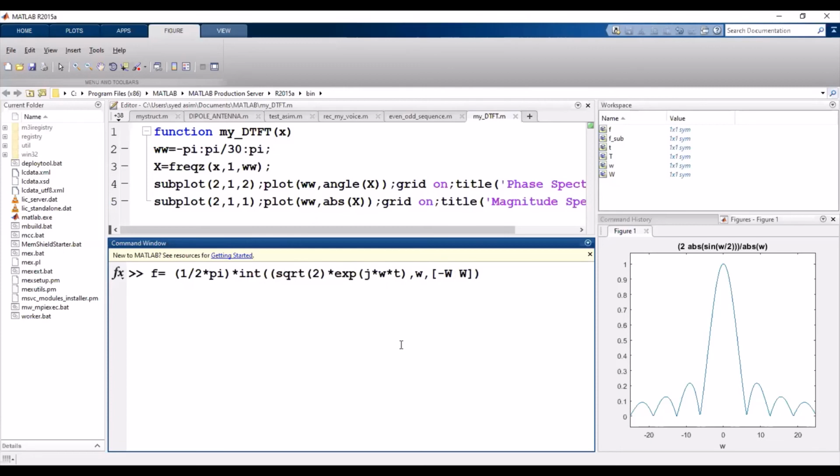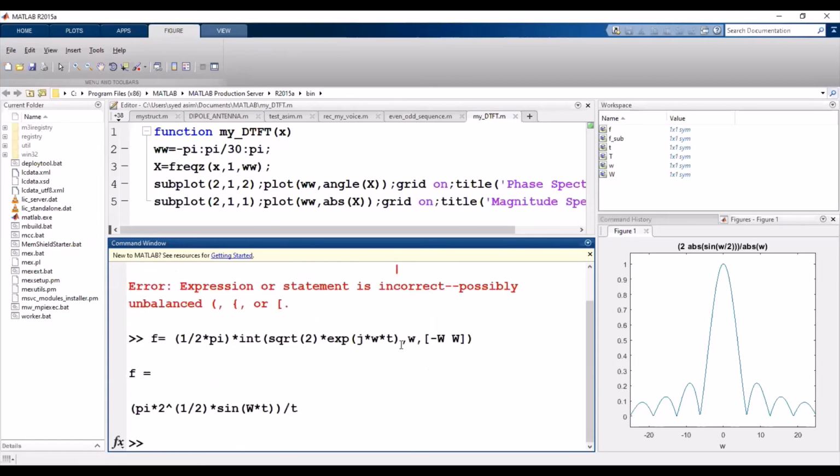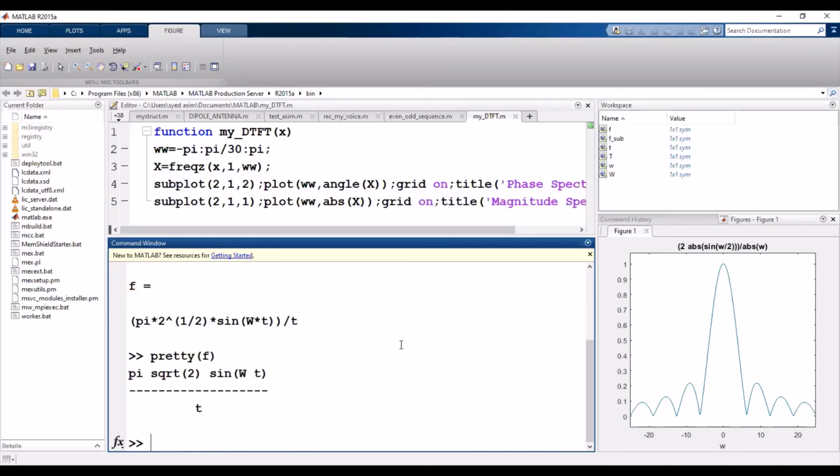Okay, one bracket is missing. Yes, so pretty f, that is our solution, the inverse Fourier transform in this case.